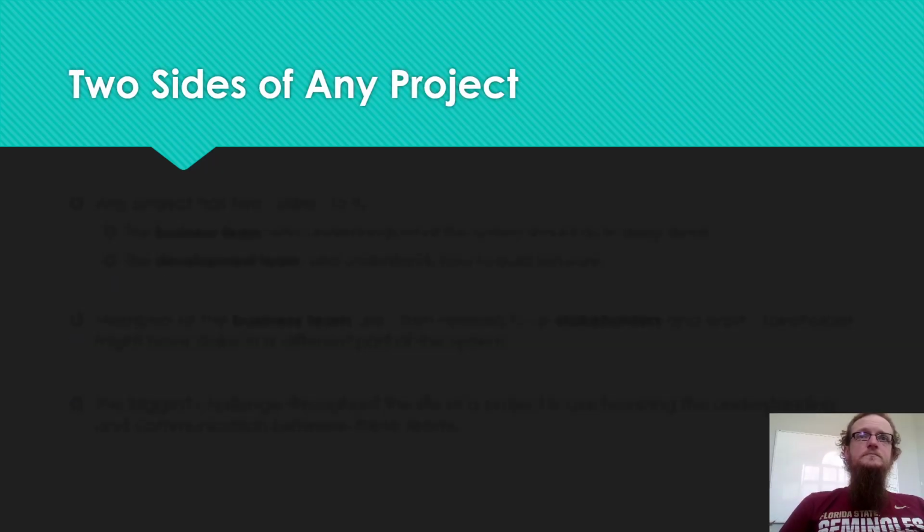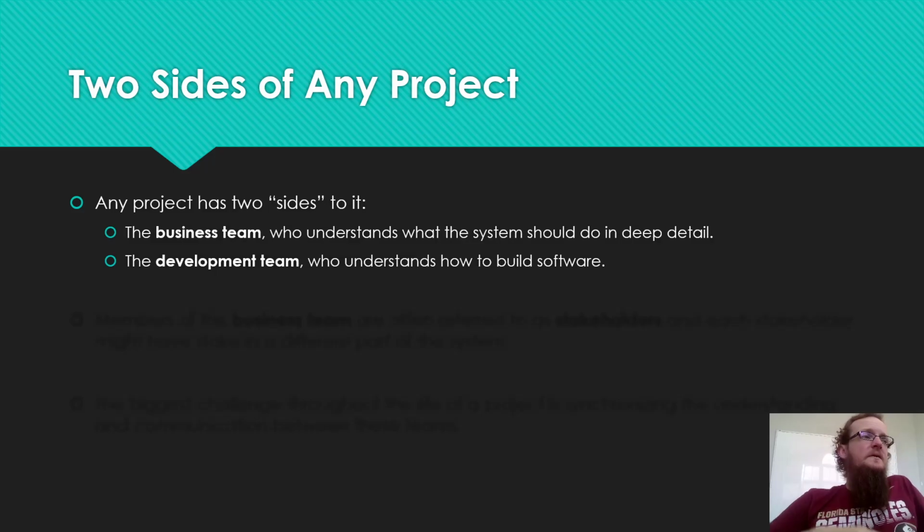At the core of it, there are really two sides of every project. I'm going to use these terms throughout the semester to indicate the members of each of those two sides. This isn't really a conflict situation; these aren't adversarial teams or anything like that. It's really just to denote membership in an organization.